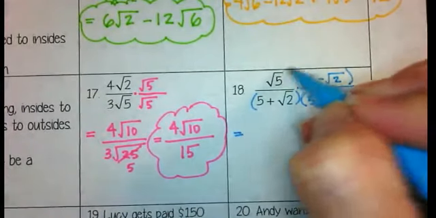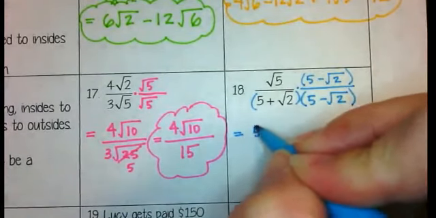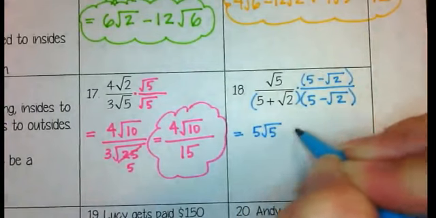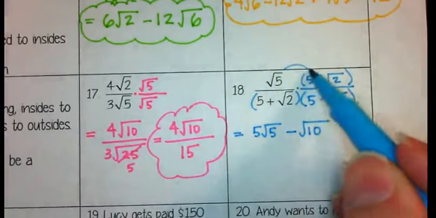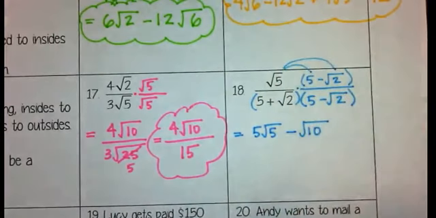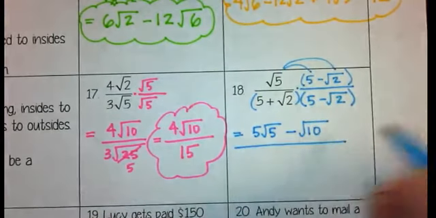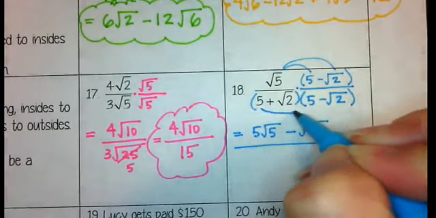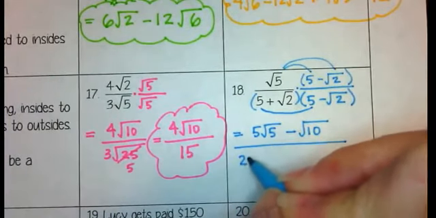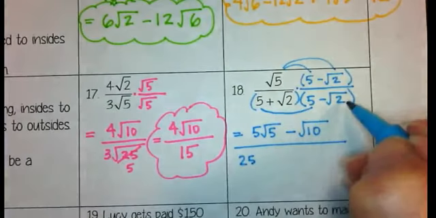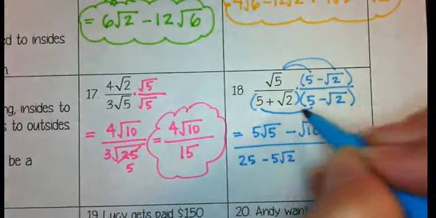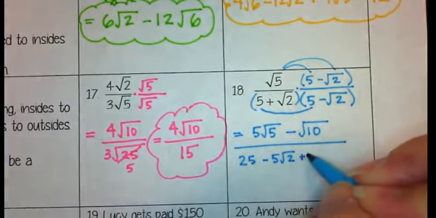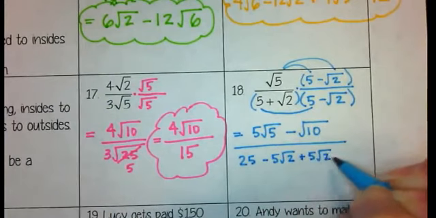So on the top, we need to distribute. So 5 square root of 5 minus square root of 10. And I got that from there and there. And then for the denominator, if we FOIL this, we would get 25. On the outside, we'll get negative 5 square root of 2. Inside, we would get positive 5 square root of 2.